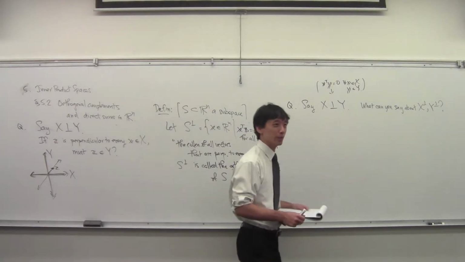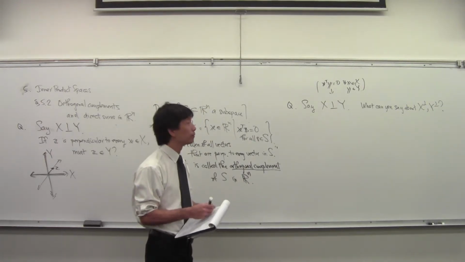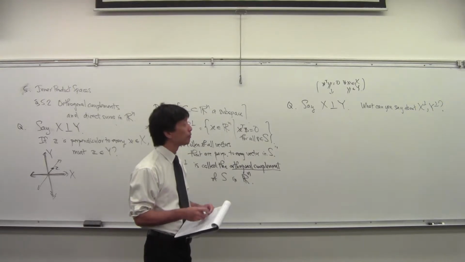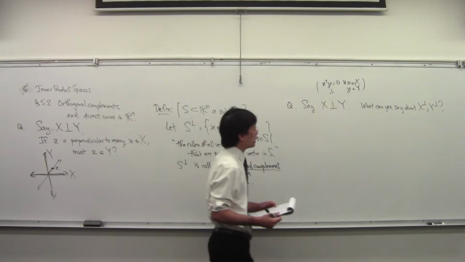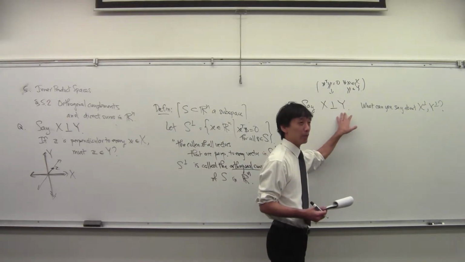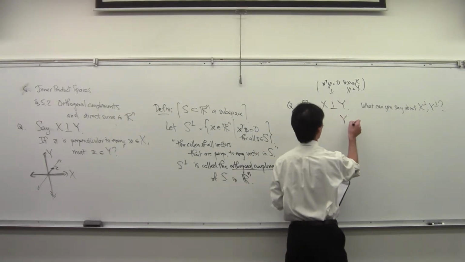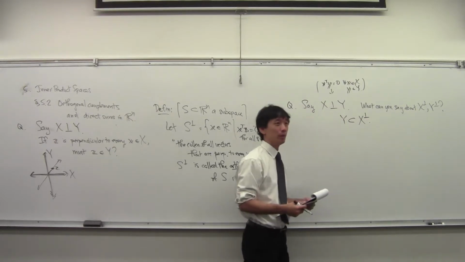Lizzie, go ahead. I was going to say that the span of y is part of the orthogonal complement of x. Well, you don't want to say the span of y because y is already a subspace, right? Okay, so just y. Yeah, y is then a subset of x perp, right?